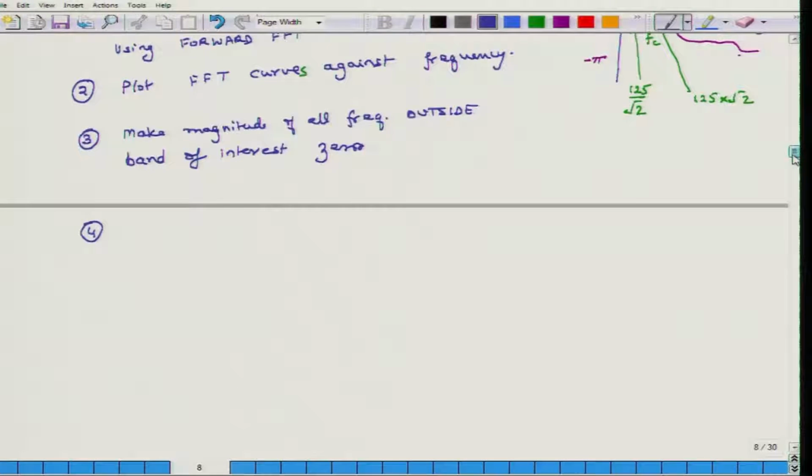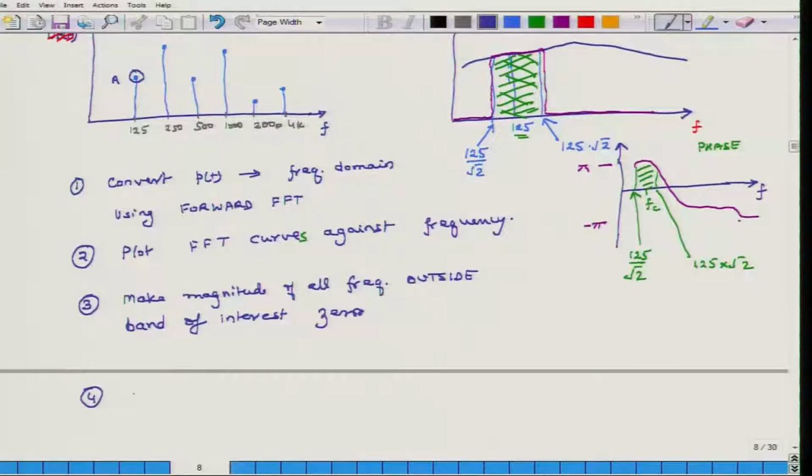So, the next thing is, what do I do? I take the inverse FFT of the modified plot.